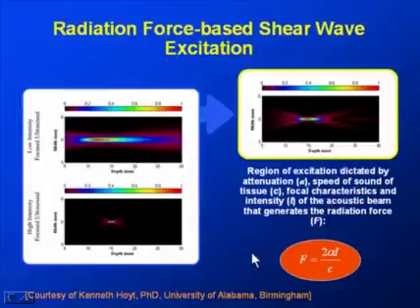Now, this concept can be taken one step further into radiation force-based shear wave excitation. And what happens here is a high intensity, well-focused ultrasound beam is sent out, because this region of excitation, depending on attenuation, speed of sound, and the intensity of the acoustic beam, will generate a radiation force given by this equation here.